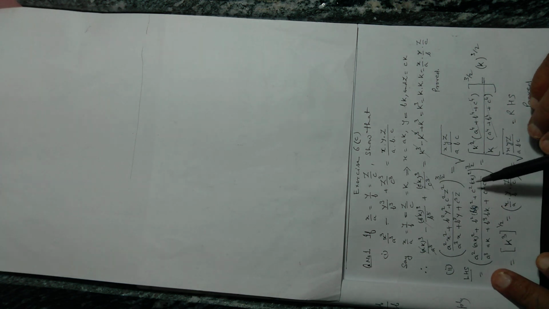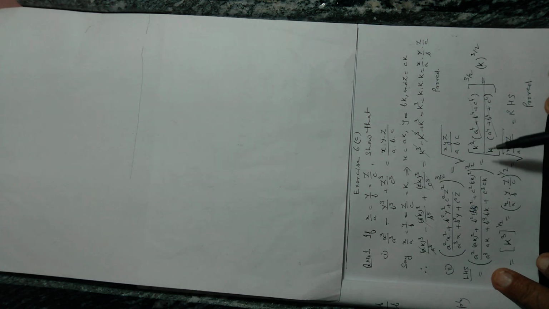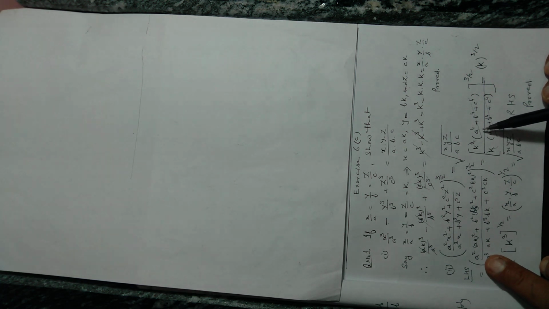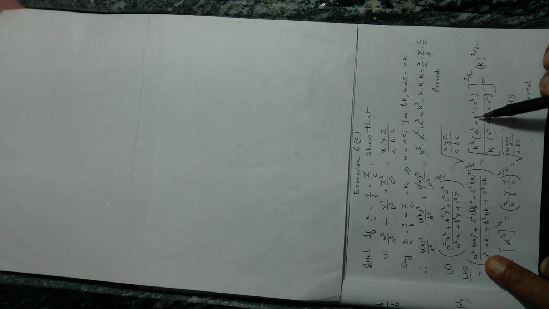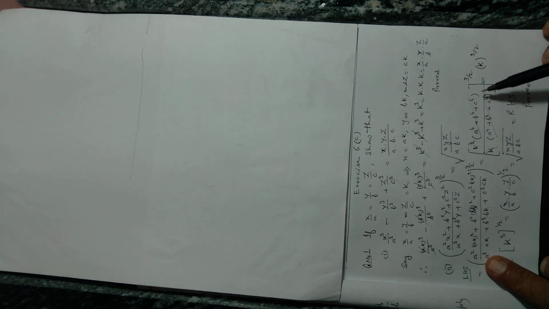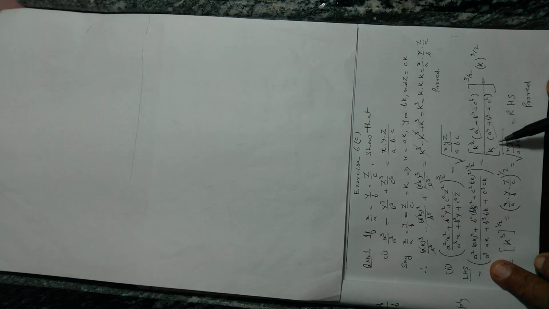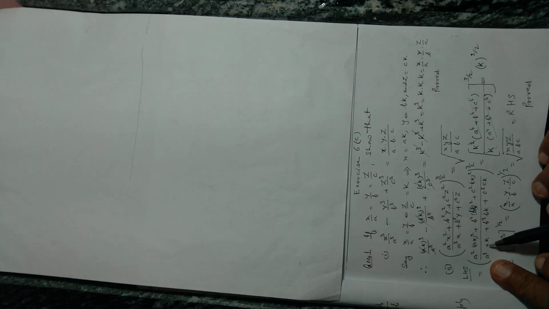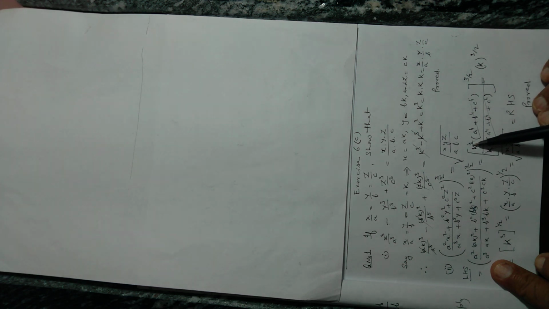So you see, taking k square outside common, inside the bracket you are left with a to power 4 plus b raised to power 4 plus c raised to power 4. From the denominator you can take k common. So I have written here k common and k square upper. In the numerator part k square and k is here.